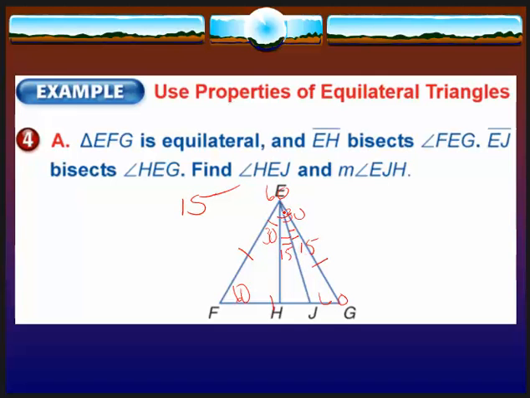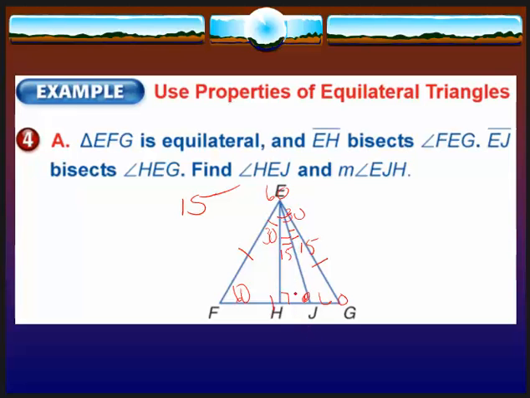EJH. How are we going to find the measure of that angle right there? Well, if we have an angle bisector of an equilateral triangle, it's going to be perpendicular.